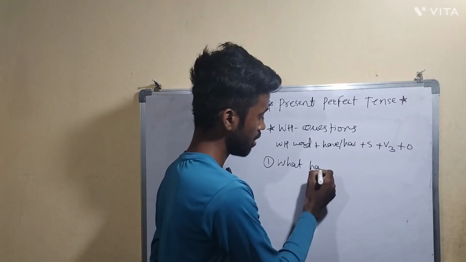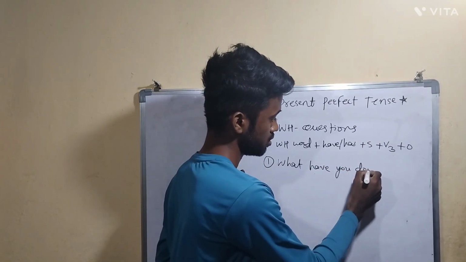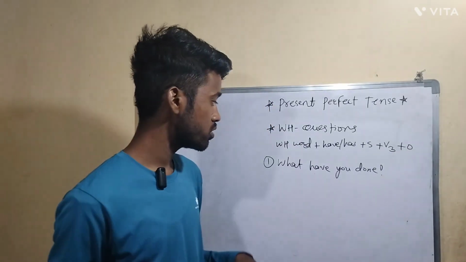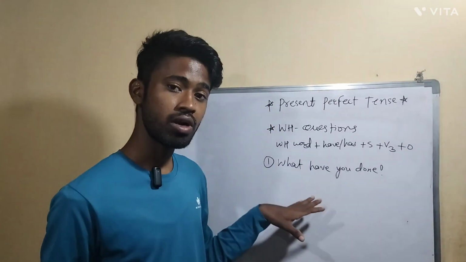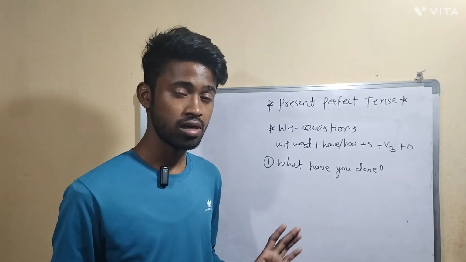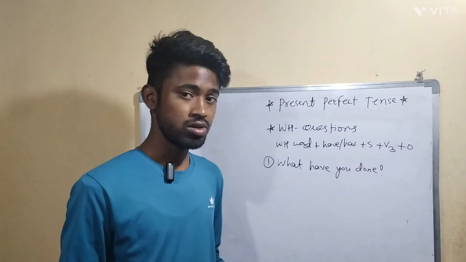What have you done? As I already told you, whenever what is there as the WH word, we don't have the object in the sentence. So here, what is the question? What have you done?